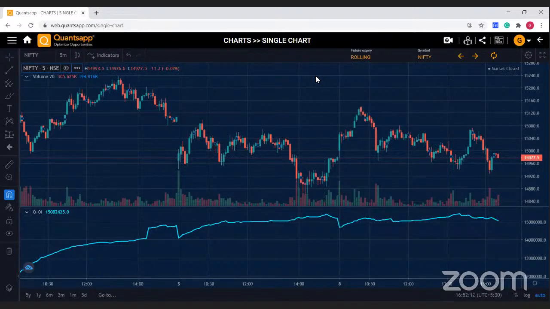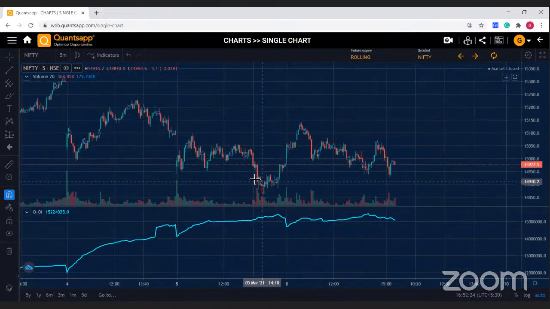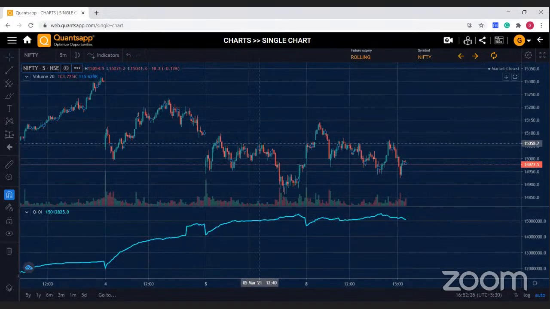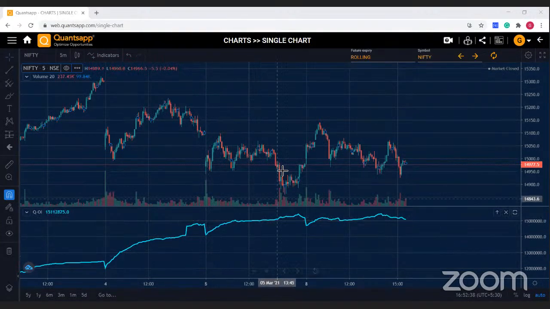On the chart, if you go to the Quantsapp chart, here you can see we have the future only. You can add the volume as well. What I have done here is taken the Nifty rolling future. On the downside, there's open interest. So when you are in the chart, you can see the price and the open interest for free.